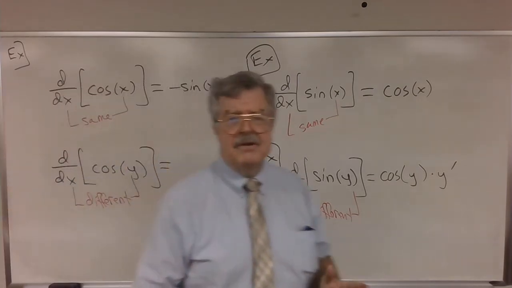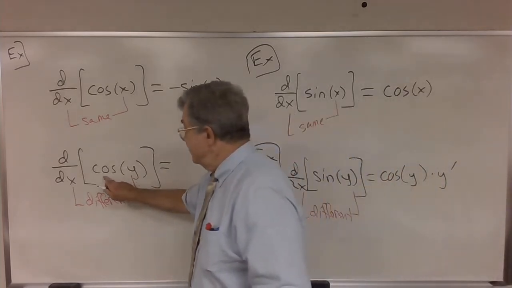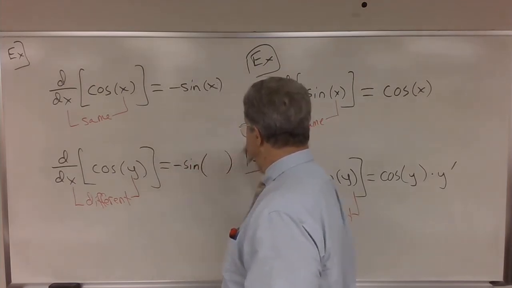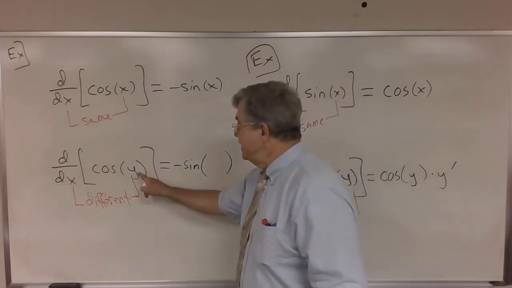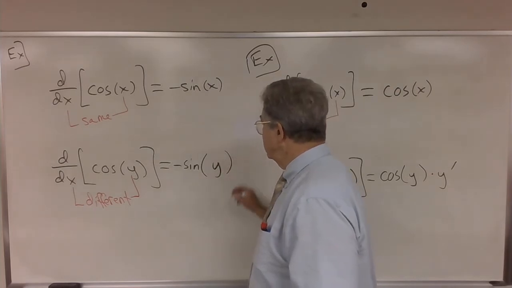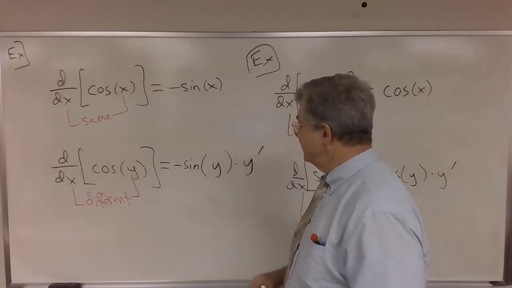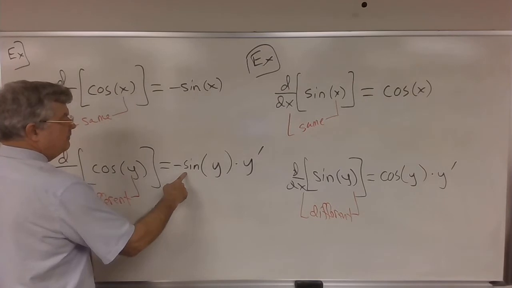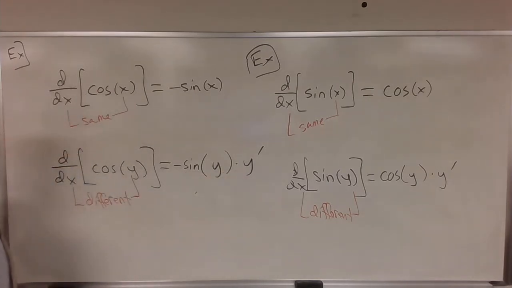We have to use the chain rule, which means we have the derivative of the outer, negative sine of something, evaluated at the inner, y, times the derivative of the inner, right?